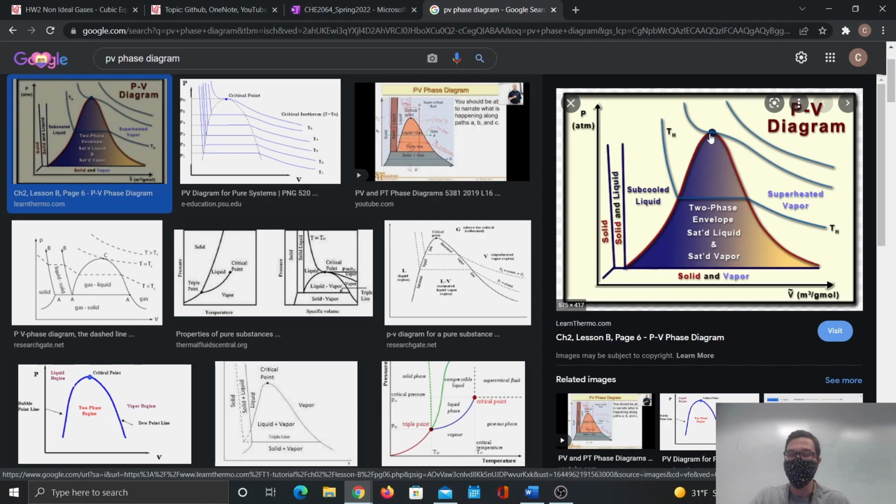Up here is the critical point, as well as isotherms, which are lines of constant temperature. Notice that this is horizontal, which means this is a general guess. You're not able to figure out the temperature in this area well. This line doesn't actually exist, it's just a connector.